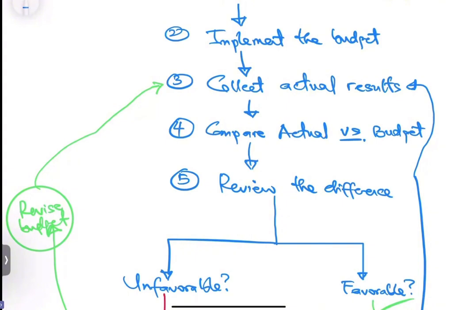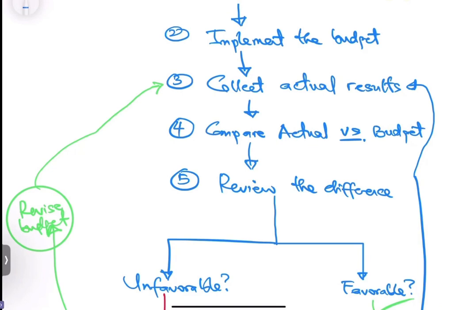You're always checking to see whether you've done well versus budget or you've not done well. If you have done well, fantastic. If you have not done well, then we'll ask a question whether it's your fault or it's not your fault. That's what we mean by controllable and not controllable.